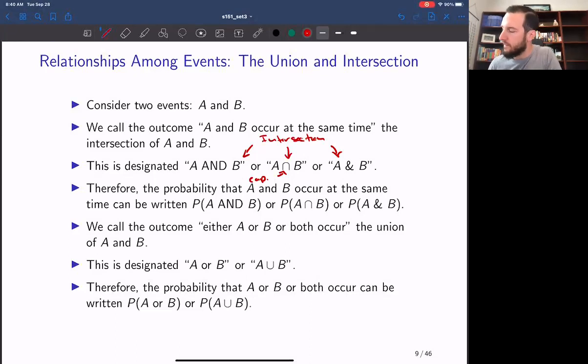The union is designated as A or B, or A cup B. Okay, so this is a cup union. And just like before, we can either list all of the elements that belong to the union, or we can give the probability of the union. And again, we'll go through some examples of what this means in a bit.